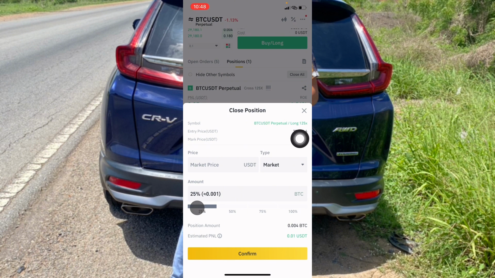If I click 25%, Binance is saying my profit will be 0.01 USDT. If I click 50% close, my profit will be 0.02 USDT. If I click 100%, my profit will be 0.05 and I confirm. This is how you also close partial profit.